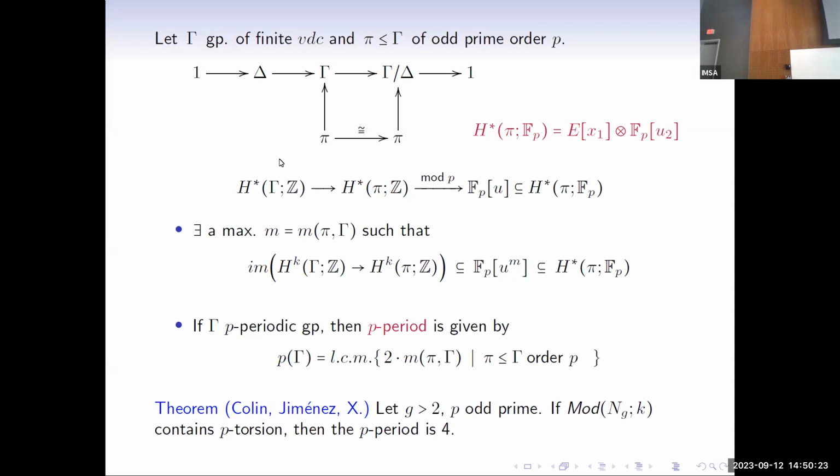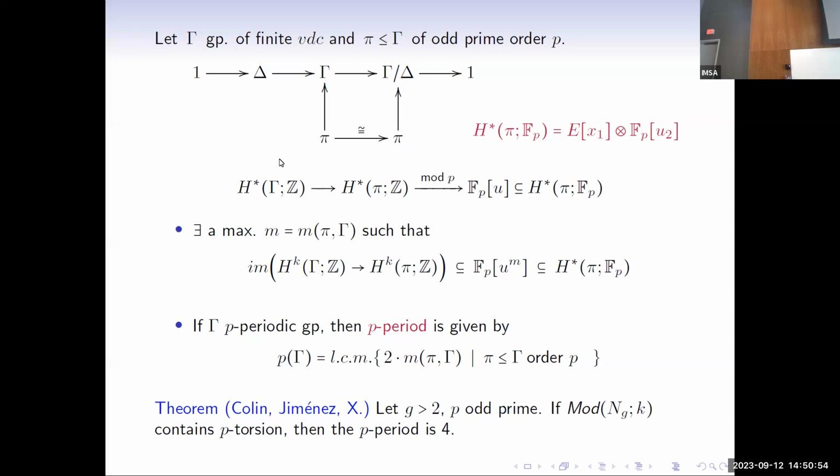So these n's are related to the period in this way. If gamma is a p-periodic group, then the p-period can be computed as follows. You look at the lowest common multiple of 2 times these n's, where pi runs over all subgroups of order p, again, right?